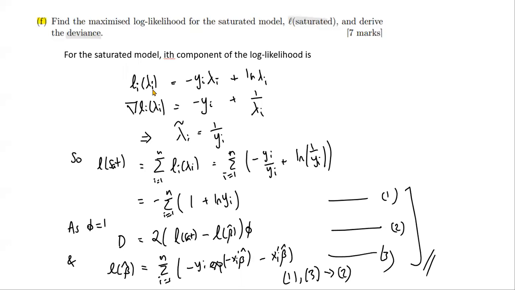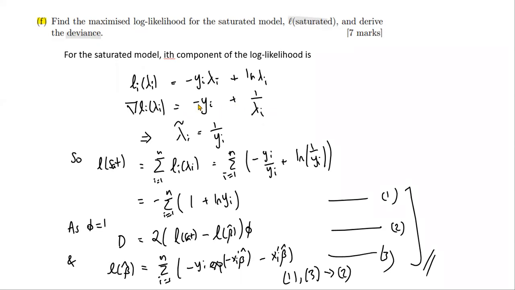Now put lambda also with subscript i, because remember for the saturated model, each parameter can be different and does not depend on your covariates. So it also does not depend on, therefore, the betas. All right, so this is the log likelihood. And so when we differentiate this, there's only parameters lambda, there's no betas here. So I'm differentiating with respect to lambda i.